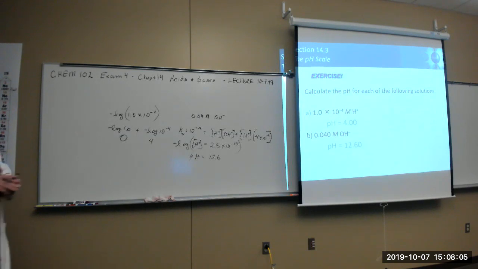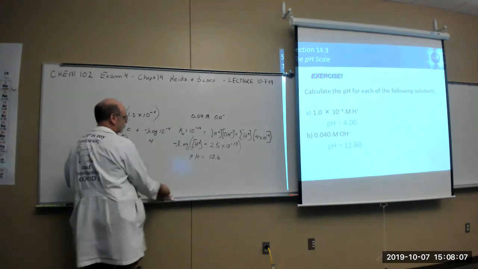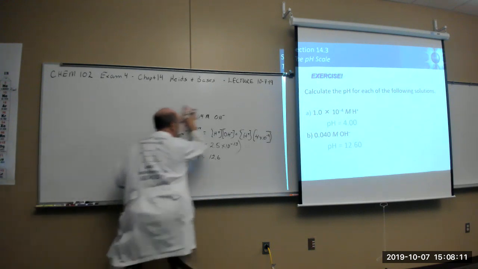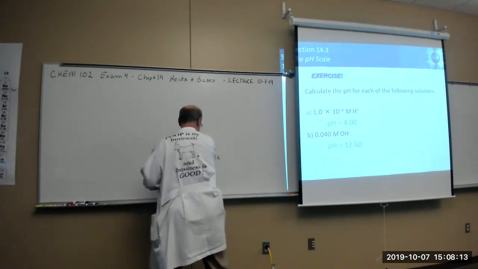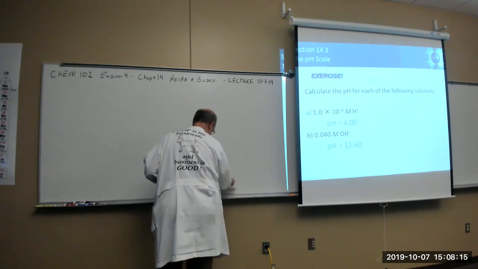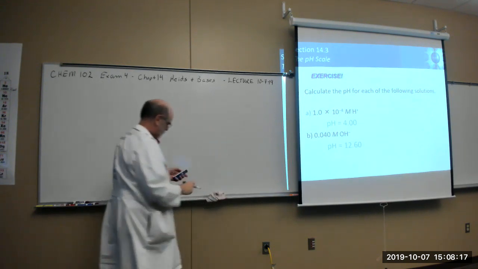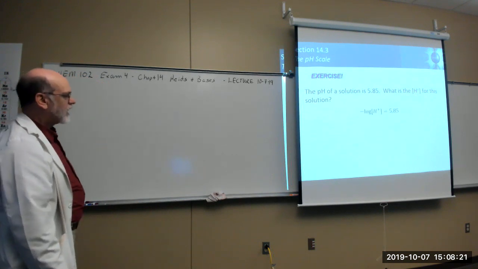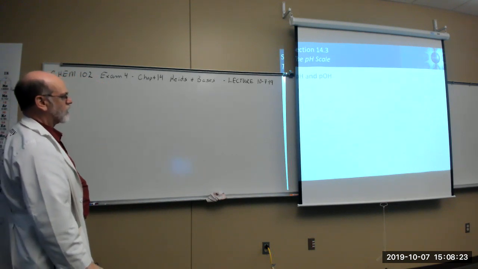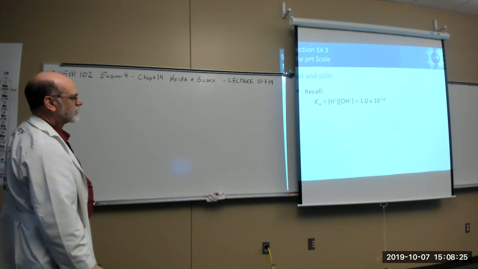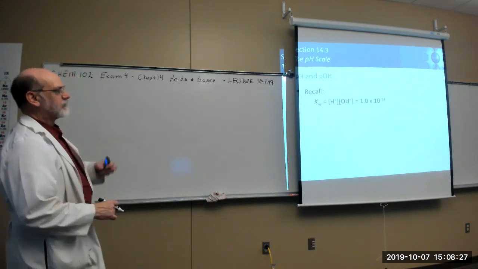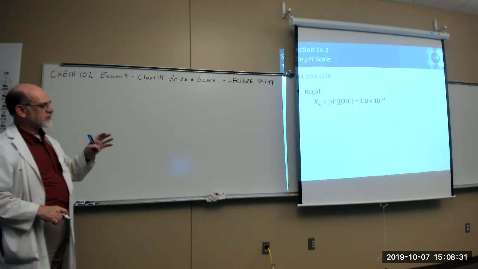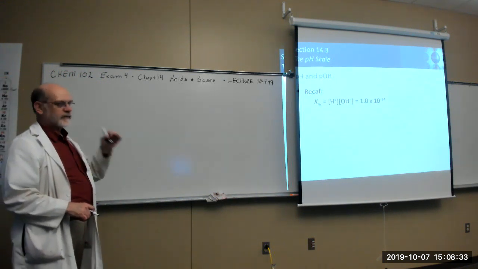Now that we've done it the hard way, let's learn the easier way. Remember that Kw equals hydrogen ions times hydroxyl ions, which is equal to 1 times 10 to the minus 14.